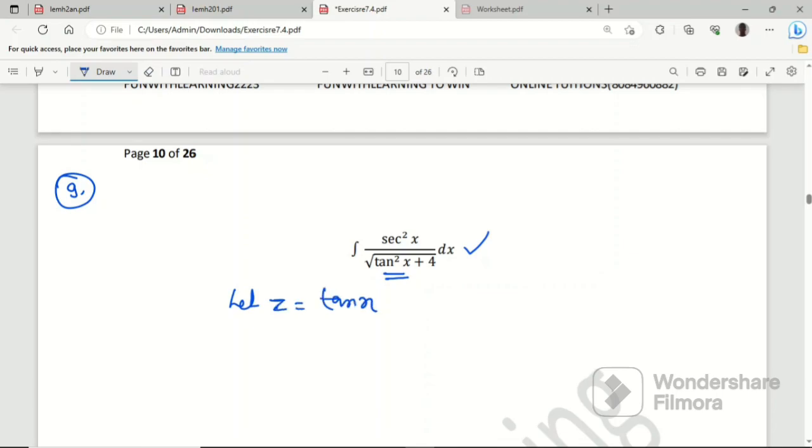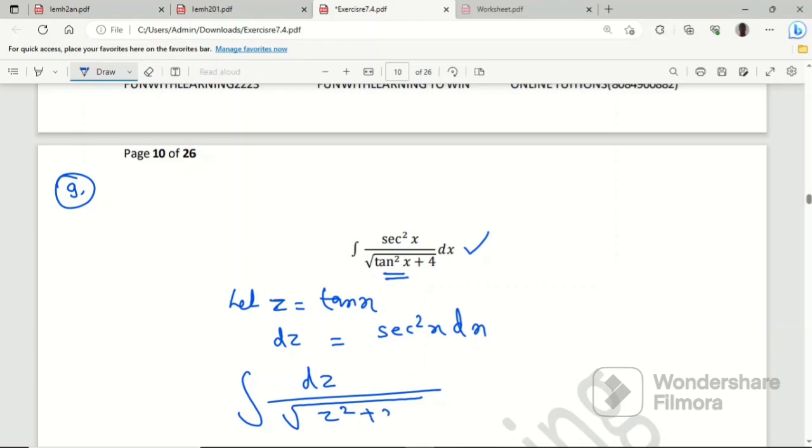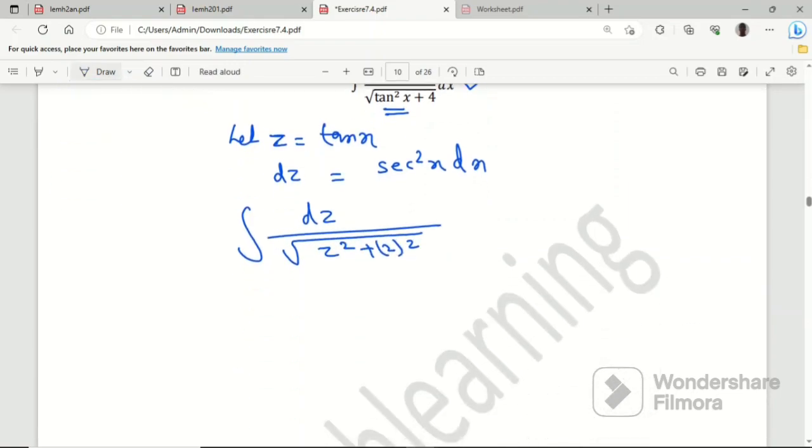The differentiation of tan x with respect to x gives sec squared x dx equal to dz. So now I can substitute sec square x dx as dz upon z square plus, I can write 4 as 2 square to use my formula. So it is in the form of x square plus a square.